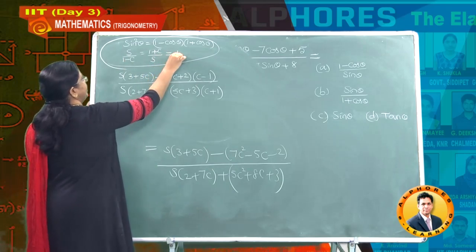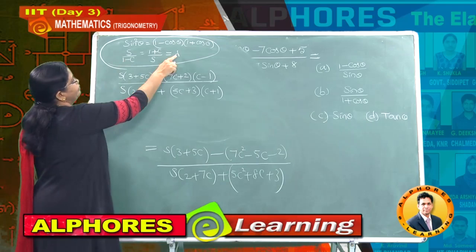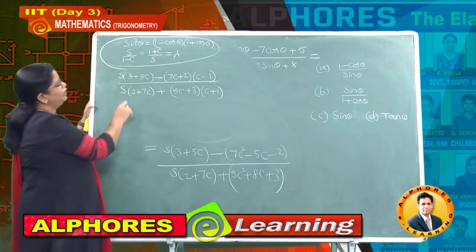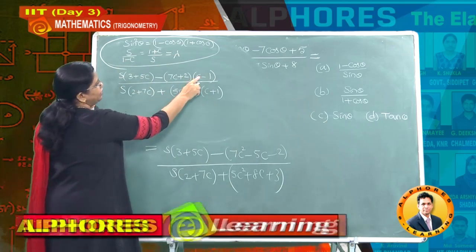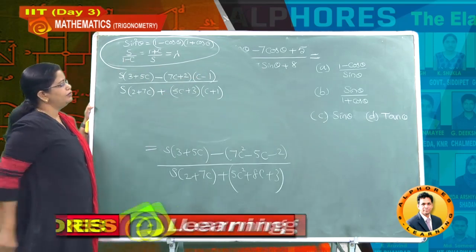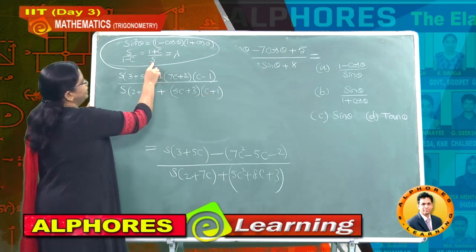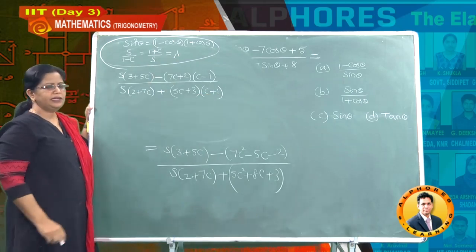Suppose I take it as lambda, then this sine I substitute as 1 minus cos into lambda. My plan is that here cos minus 1 is anyhow waiting, and therefore you can take it outside. And here again cos plus 1 is there, to that you can substitute sine into lambda.